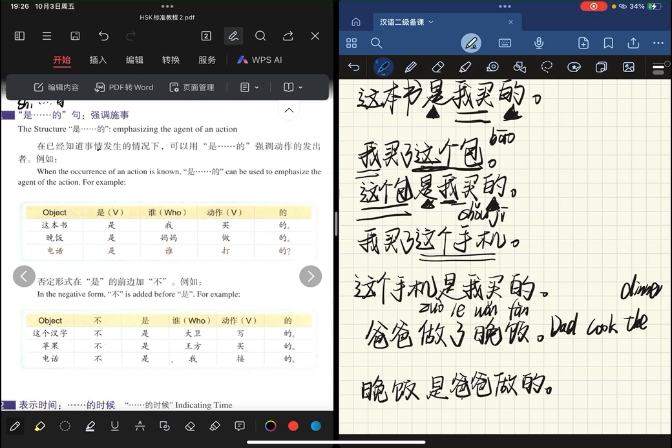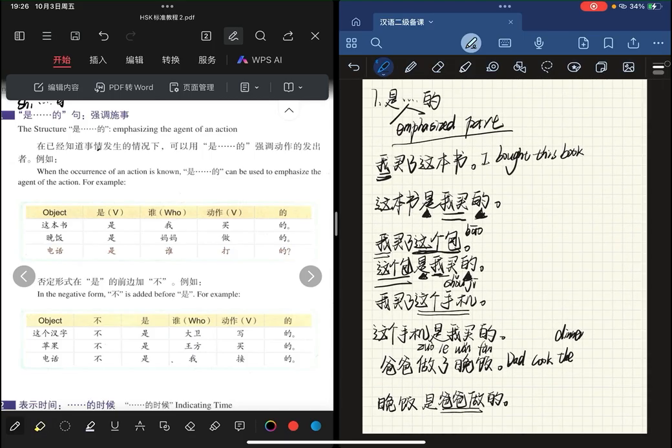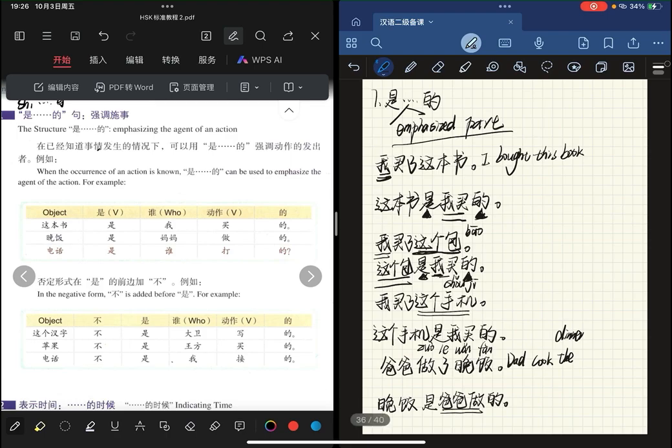So 爸爸做 is the emphasis part. 晚饭是爸爸做的。Okay, then let's see the negative form. For the negative form, we use the 不 before the 是. So that's the negative form.